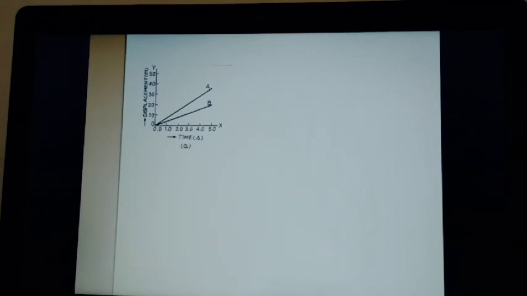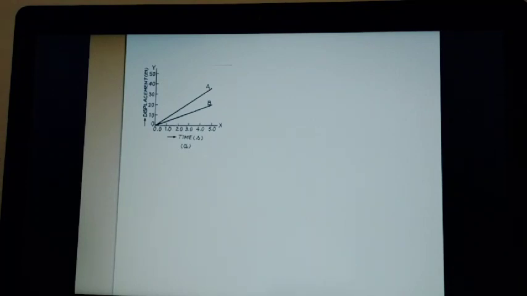From the graph, the slope of A is more than the slope of B. That means its slant is more. I mean, that is slope, which angle it makes with the time axis.